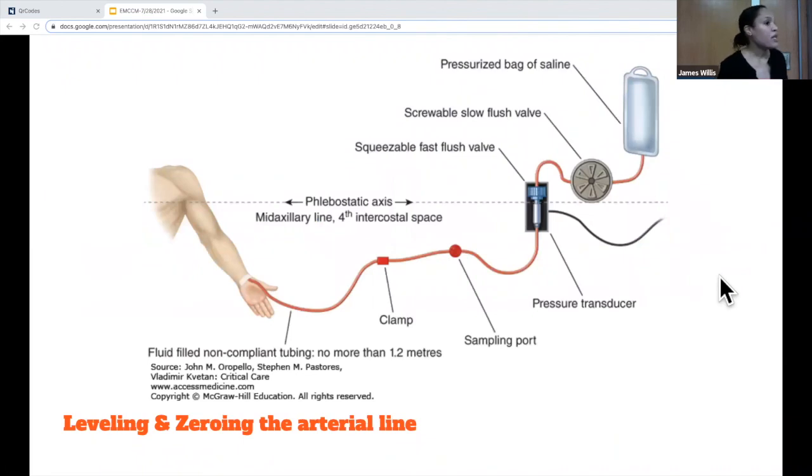The other way to troubleshoot your arterial line, when you get a reading that you're not sure about before you respond to it, is checking that your art line is leveled and zeroed. Zeroing your line essentially means you uncap the line right at the pressure transducer, expose it to atmospheric air, zero it on the monitor, and then close it back up.